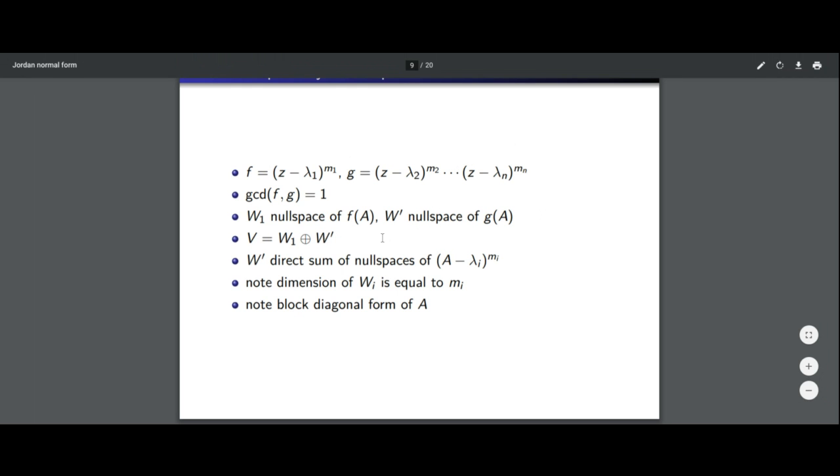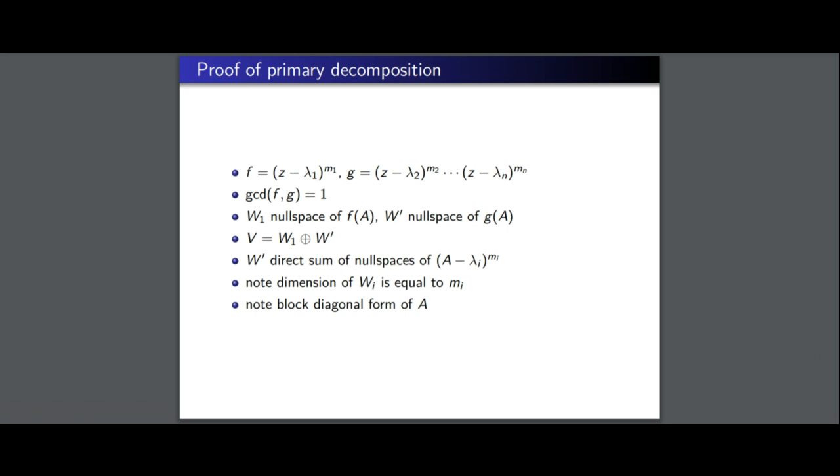Okay, and then what you do is by induction, the kernel of G of A has less dimension than V does. So you use induction. You assume that the theorem is true for all vector spaces with dimension less than V. So that tells you that W prime is the direct sum of the kernel of T minus lambda 2 to the M2 plus the kernel of T minus lambda 3 to the M3 and so on.